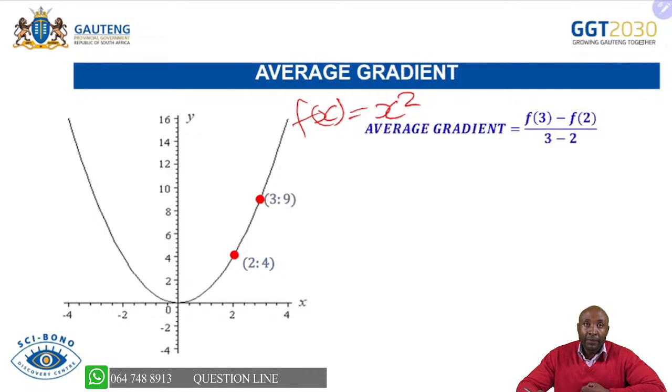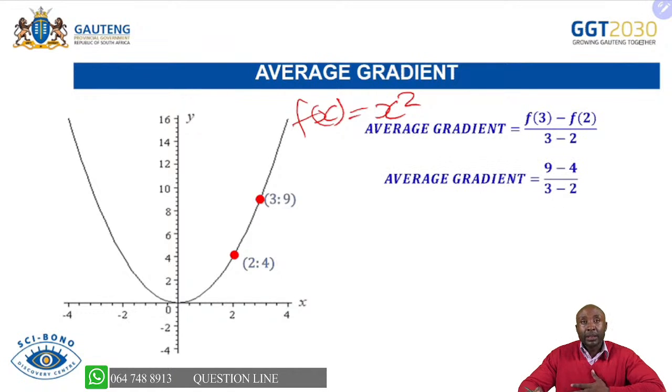So to get our average gradient, we can use the y value when our x is 3 using functional notation, that is f at 3 minus f at 2, which is the y value when our x is 2, and we substitute our x2 minus x1, which are those values, and we are able to get our gradient given as 9 minus 4 over 3 minus 2, and our average gradient will be 5.